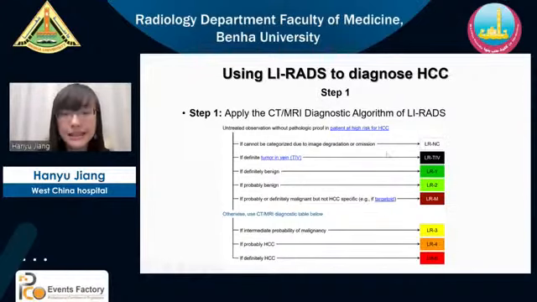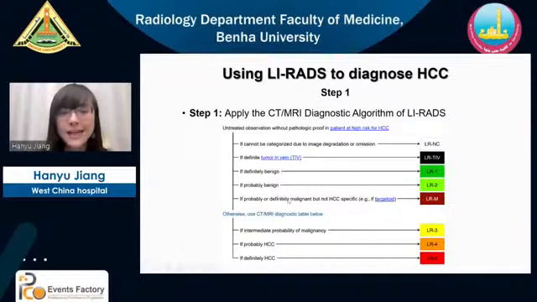If the lesion is definitely tumor in vein, let's assign LR-TIV. Then let's decide if the observation is definitely benign, including simple cysts, hemangiomas, some focal nodular hyperplasia, and such. Let's assign LR-1. If any of these lesions depict some atypical imaging features indicating potential for malignancy, let's not assign them LR-1, let's give them LR-2.